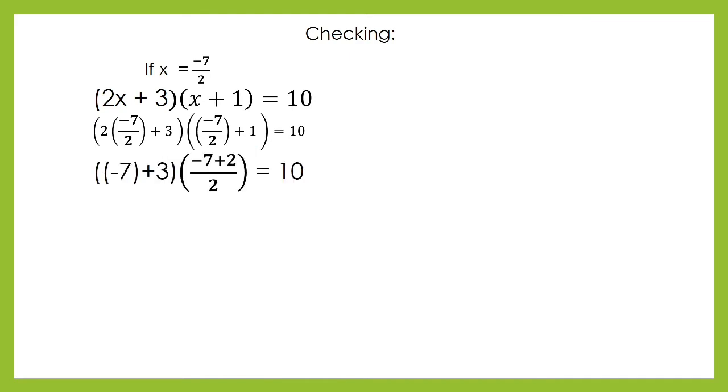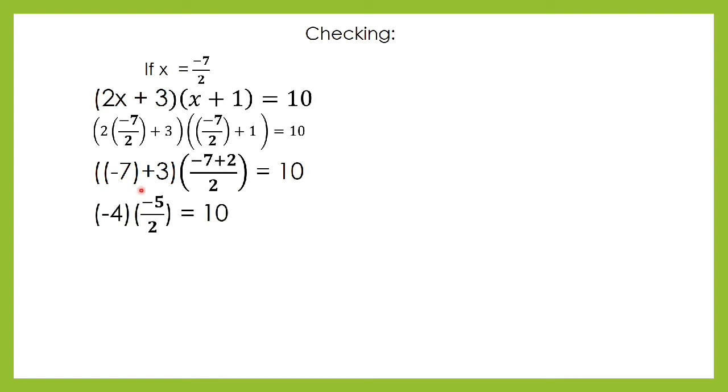Next, we simplify 2 times negative 7 over 2. So, makakancel si 2. May iwan si negative 7 plus 3. Paano nangyari to? Okay, so copy negative 7 and then we multiply 2 and 1. So 2 times 1 is positive 2 over the denominator is 2 equals 10.